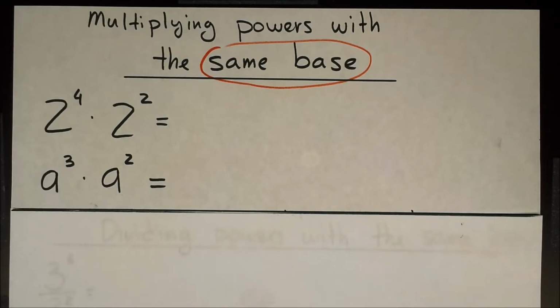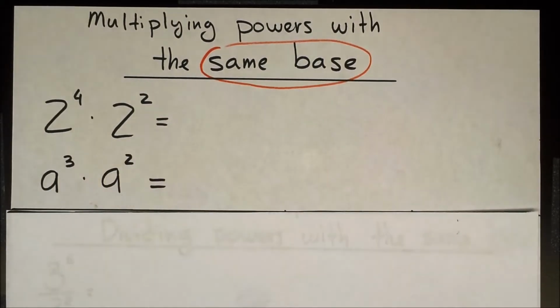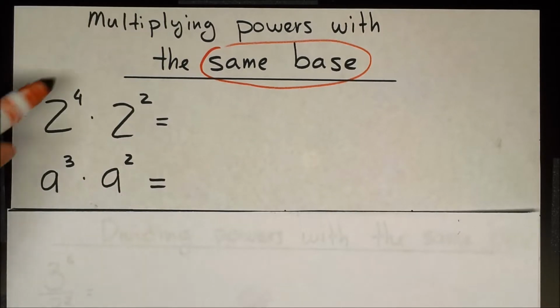Now, a quick review of what is a base and what is a power or an exponent. So, for example, here I have 4 different exponential forms, and in each of these exponential forms, the large number or the large variable is the base. The little number off to the right upper corner there is the power or the exponent.